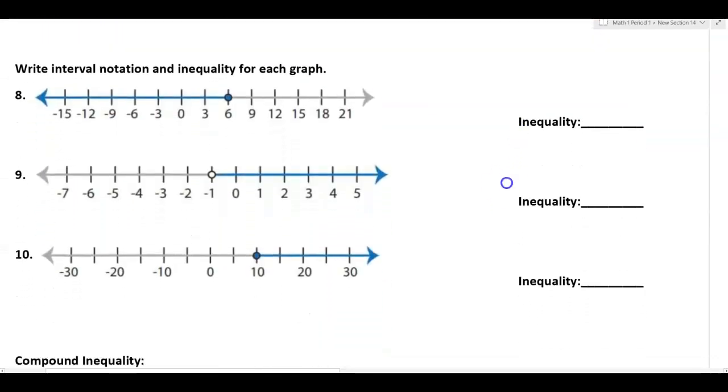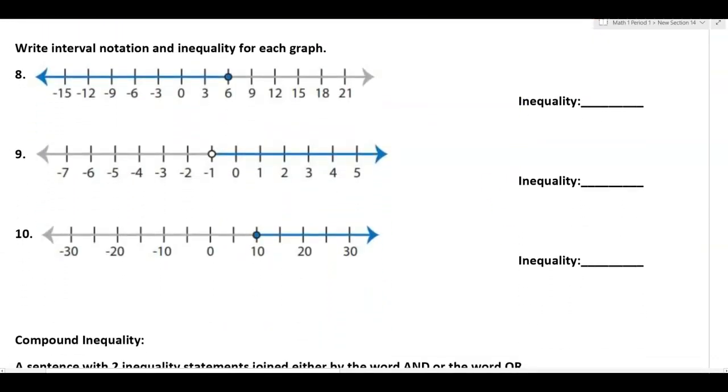Now, if we had to write interval notation and inequalities for each graph, right? Notice here, I know I'm going to use x, and we're plotted on 6. And when I look at it, if x is here, 6 is here, I know all the numbers are smaller than 6, so all the numbers that make it true are less than or equal to 6.